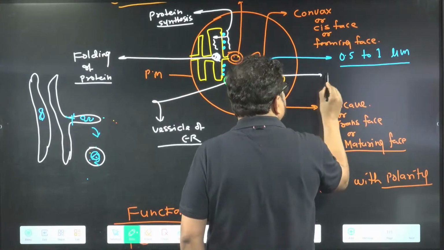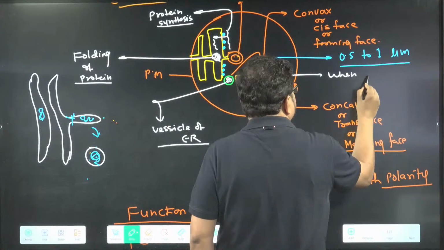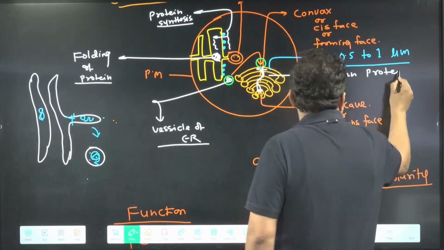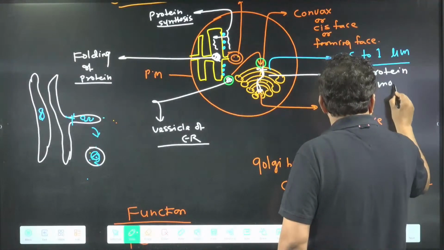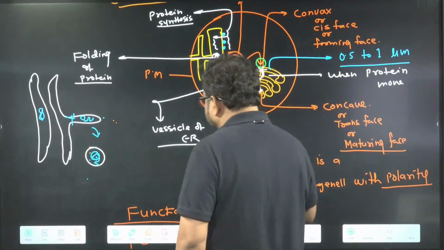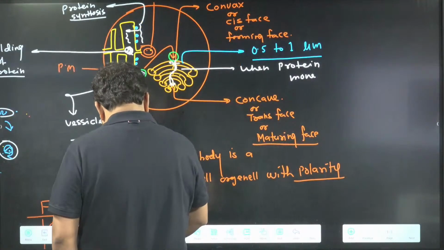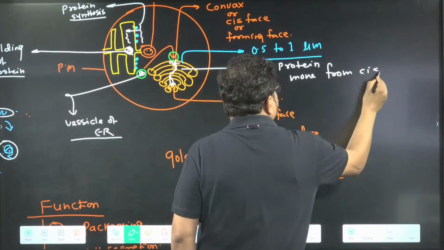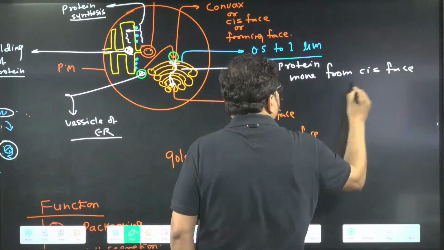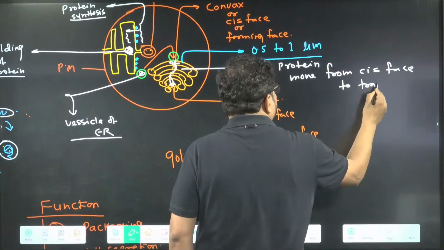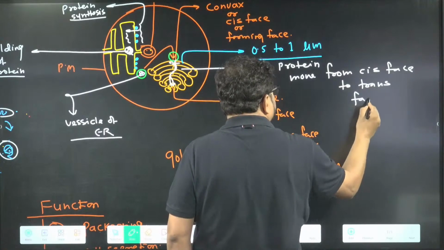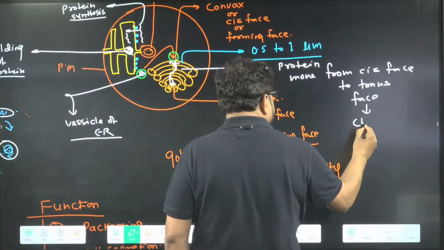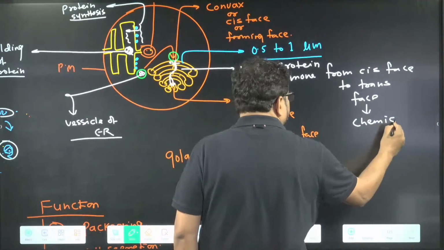So when protein moves from cis phase to trans phase, what happened? Chemical modification occurs. This is written in NCERT, na?